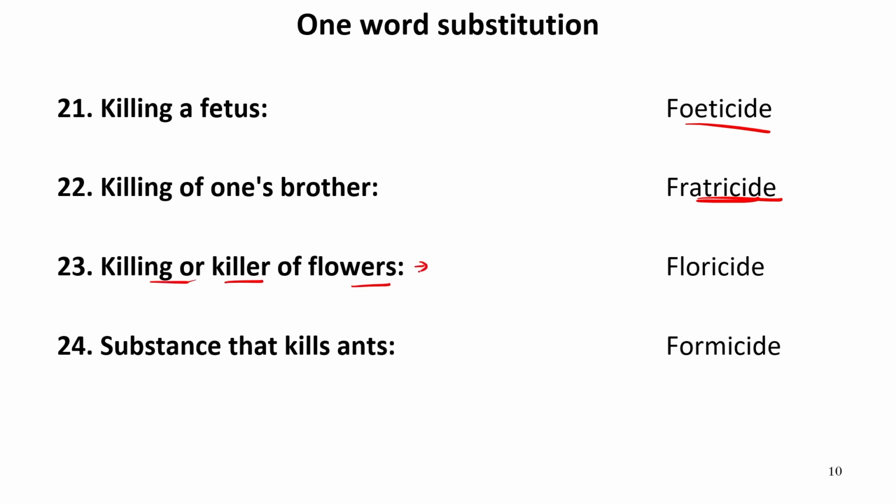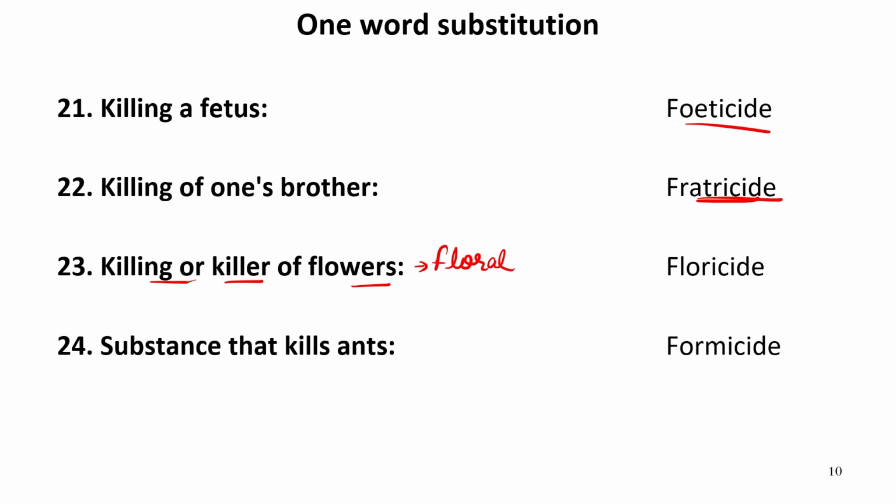Now for flower, we use the word floral. You can also remember this with a word that is one who sells flowers. Now that person is known as florist. From that particular word, we derive floral. And with floral, we can learn a word that is floricide. So one who is a killer of flowers, that is known as floricide.